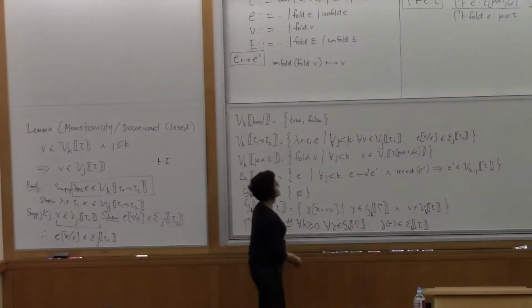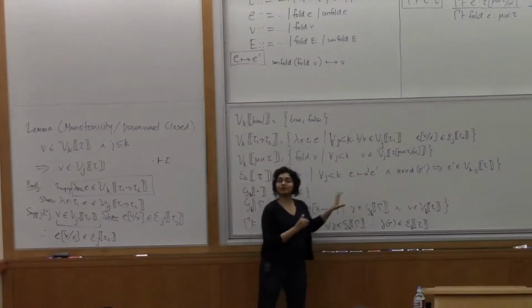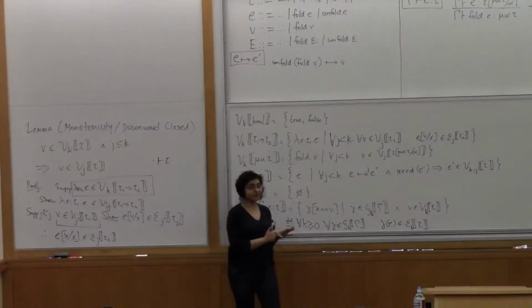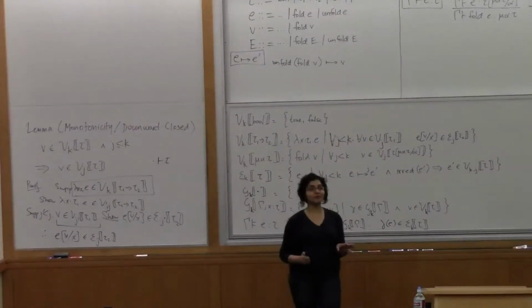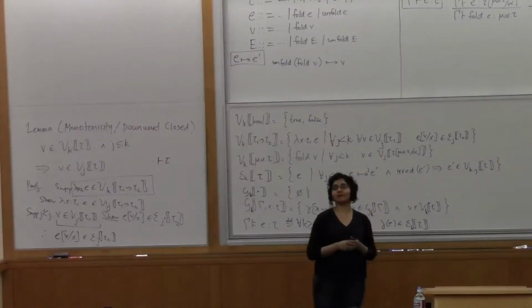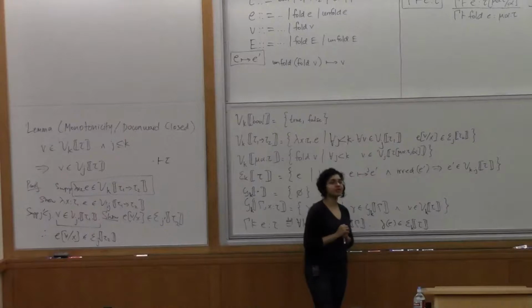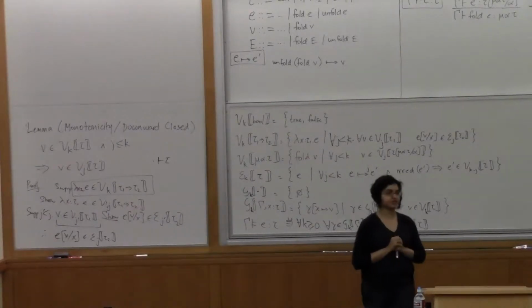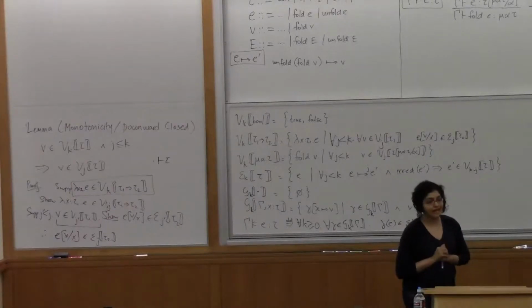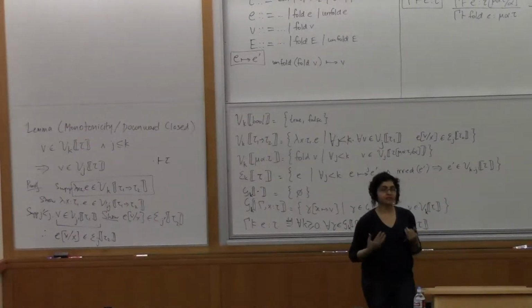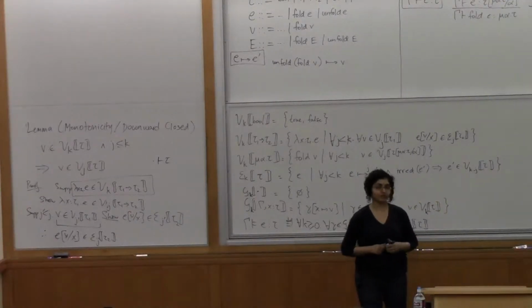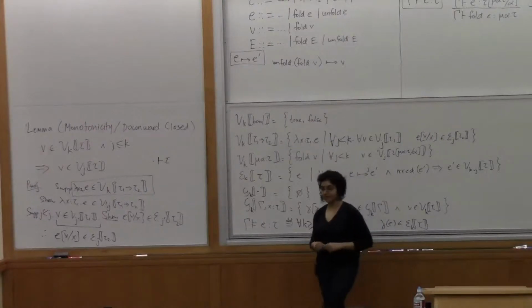Without step indices, the way you would do a logical relation like this for recursive types is phenomenally hard. Bob Harper and Lars Birkedal had a paper, and then Bob Harper and Karl Crary had a paper, in which they tried to do a logical relation for recursive types. You basically end up using ideas from denotational semantics, syntactic minimal invariance, a notion that Andy Pitts tried to incorporate from denotational semantics.